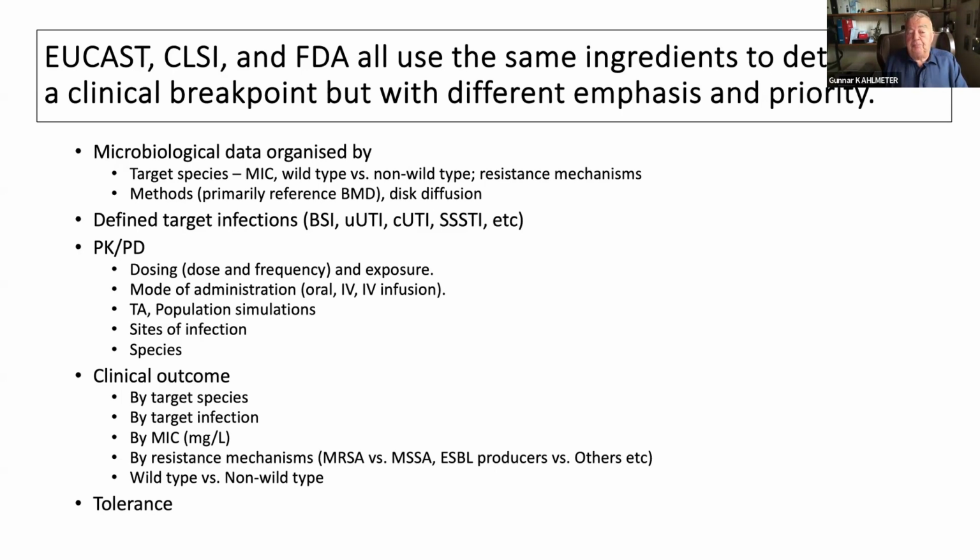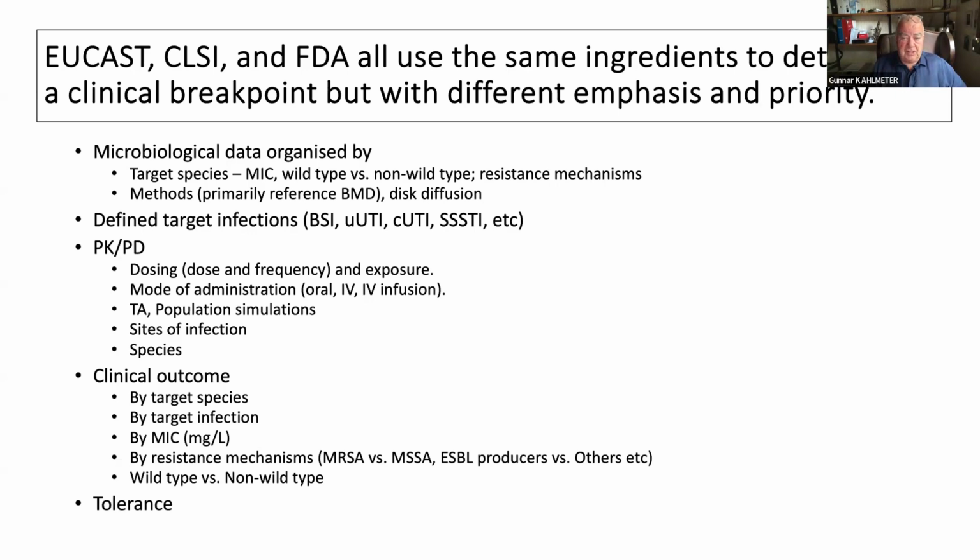There is an ongoing process, and I would like to just stress that there is an ongoing process whereby EUCAST and CLSI attempt to standardize things that can be standardized without too much trouble or effort.